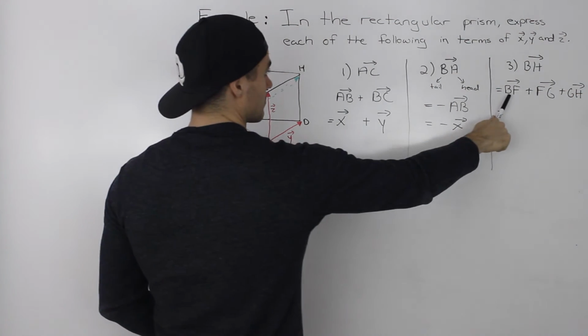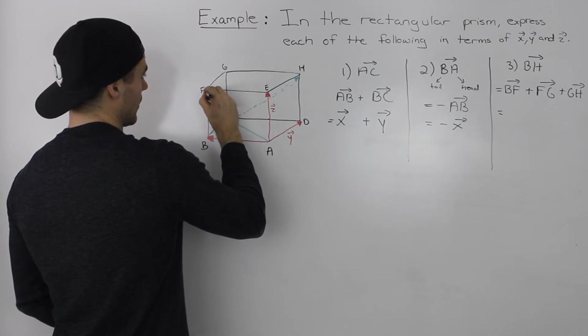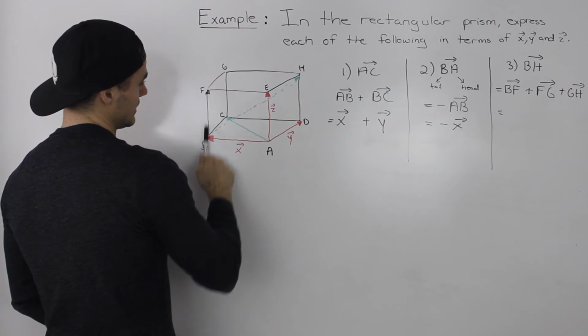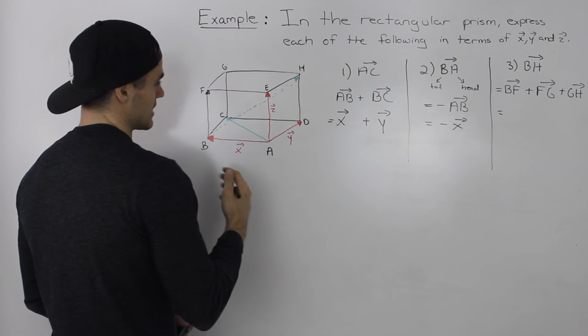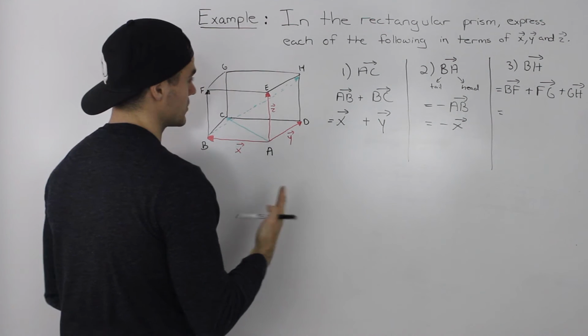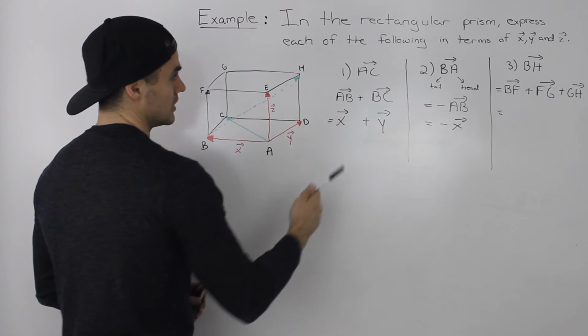So vector BF, if you think about it, that's an equal vector to vector Z because they have the same magnitude, it's a rectangular prism, and they are both going up in the same direction.